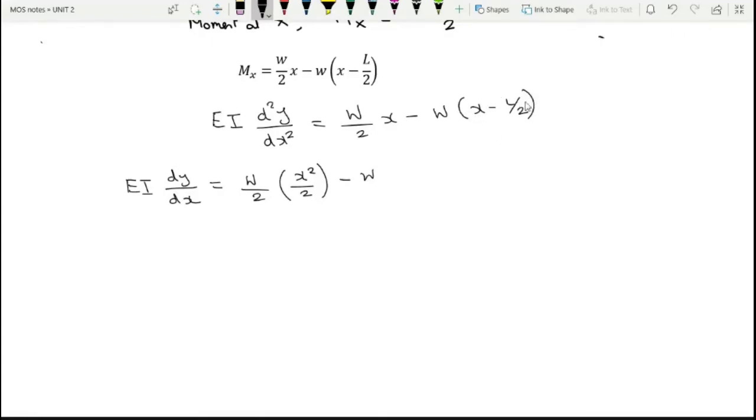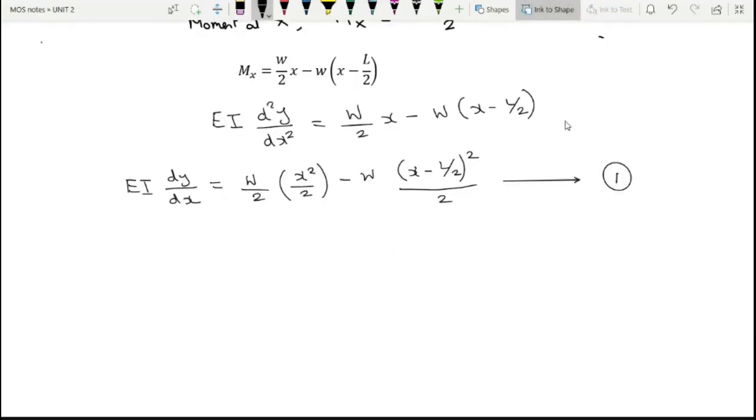So when I integrate, this will be x minus L by 2 the whole square divided by 2. Don't multiply this inside, otherwise you won't get the right answer. You have to consider it as a variable to solve it. Let me call this equation number 1.